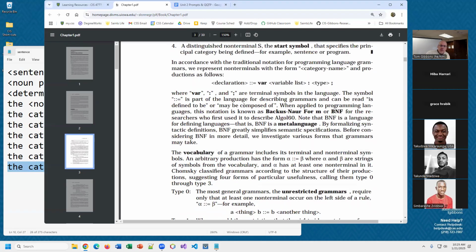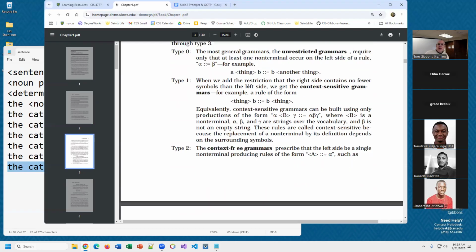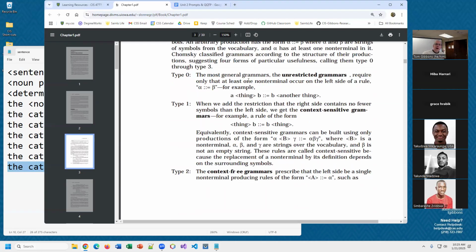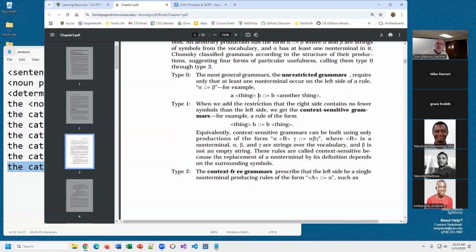Let's just talk a little bit about the types of grammars here. So again, with these rules, we can generate lots of stuff. Sometimes I'll try to group the types of languages or grammars we can generate here. So we start with type 0, which are called unrestricted grammars. And what that says is that you can have on the left and the right side basically anything.